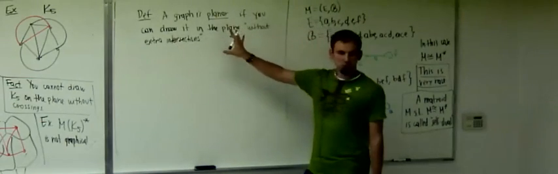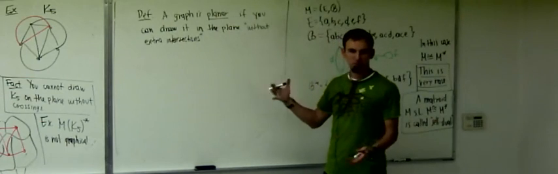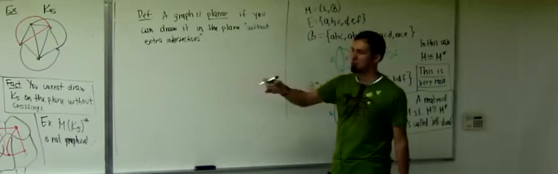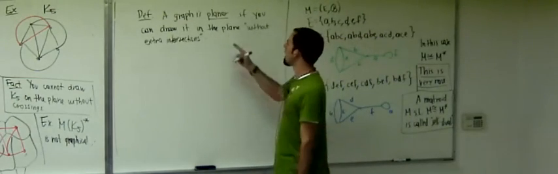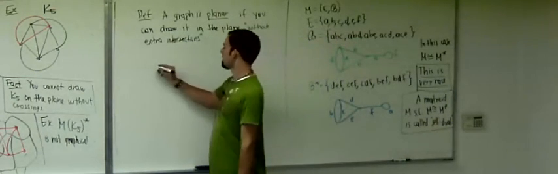When we go to really talk about this theorem seriously, I'll make this more precise. What does this exactly mean mathematically? But the point is just that a graph is planar if you can draw it and it looks like a map. There are no extra intersections.